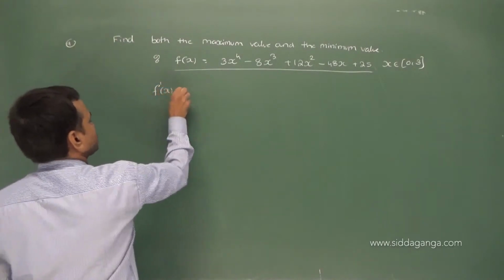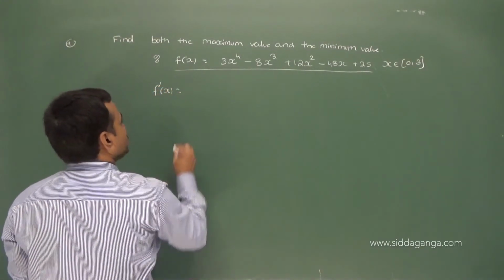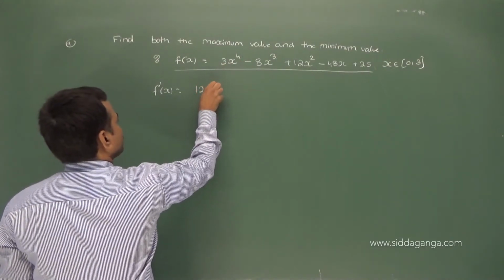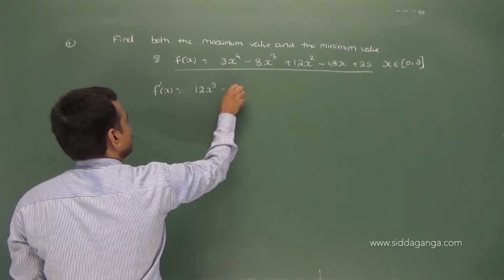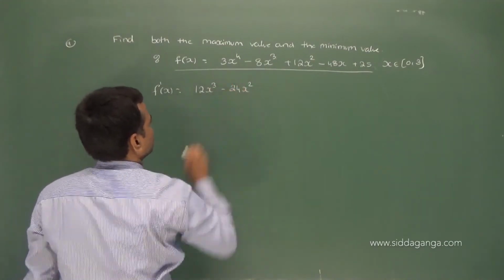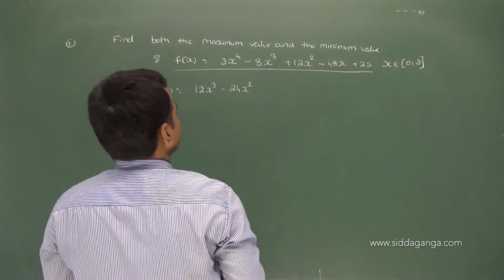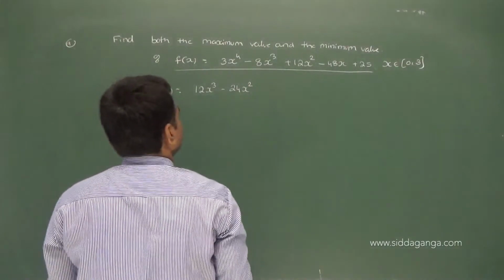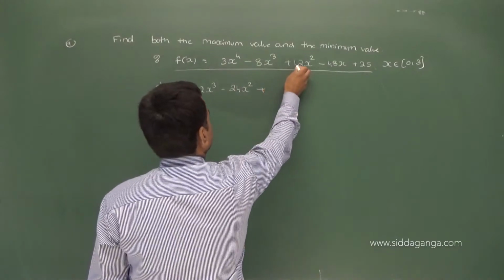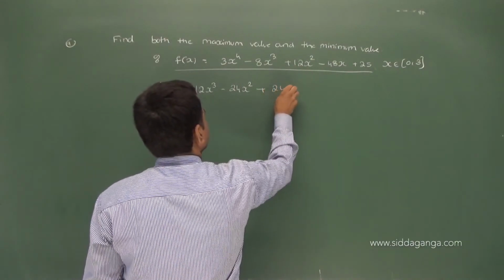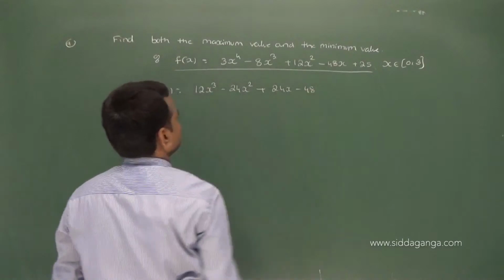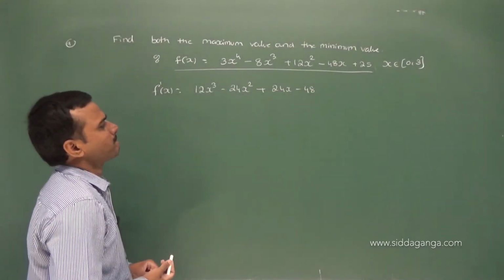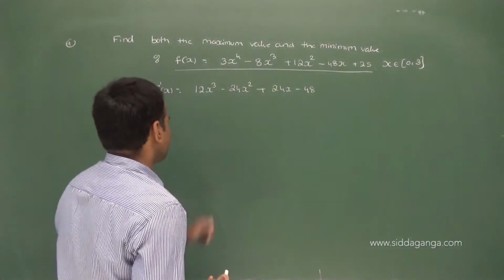F dash of x: 3 4s are 12x cube minus 24x square plus 24x minus 48, x belongs to 0 to 3.